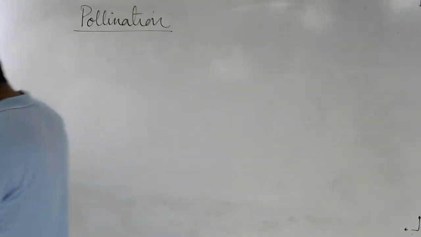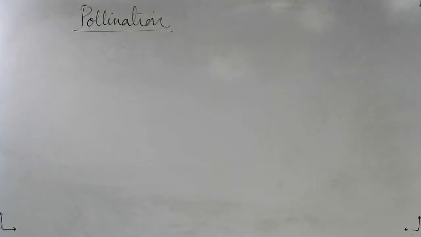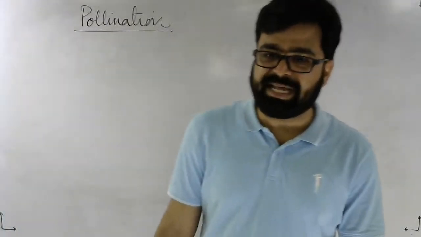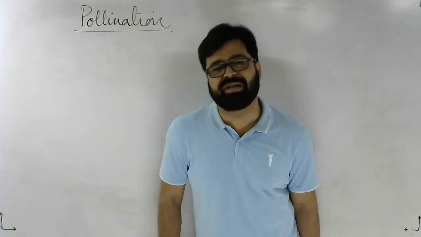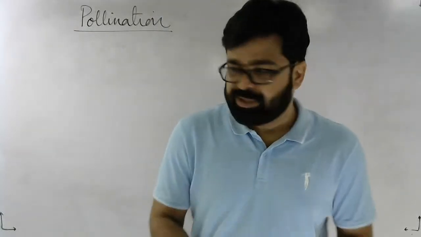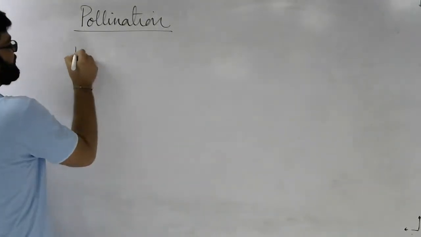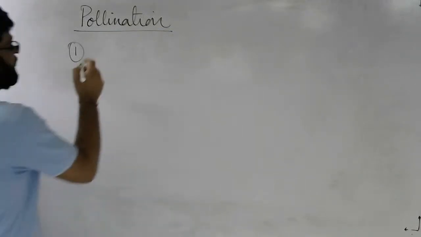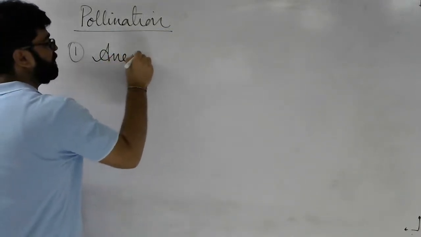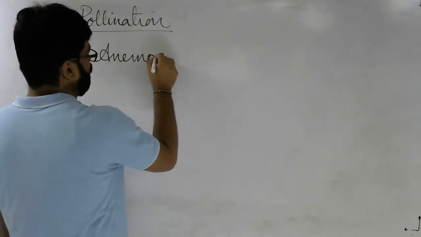Yes, that is anemophily, pollination with the help of wind, and they are anemophilous plants. Okay, so first we will discuss the characteristic features of anemophilous plants or anemophily, right?